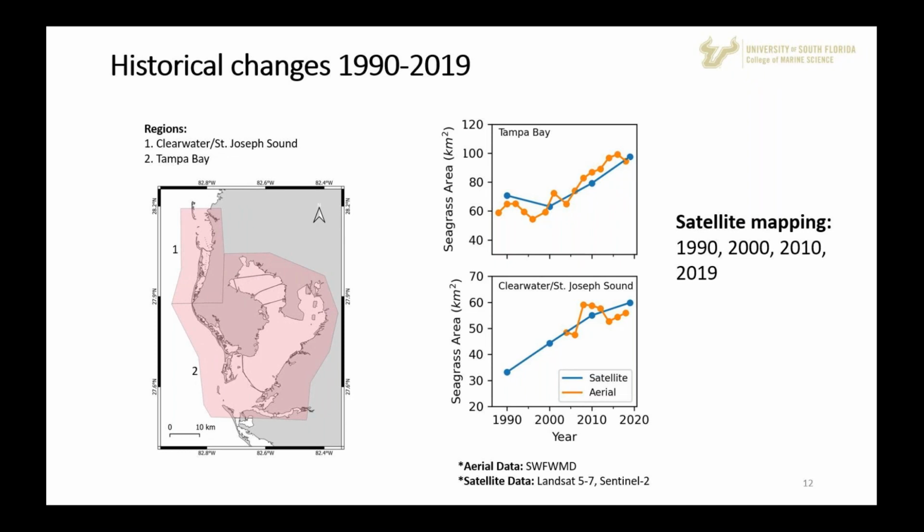We can see in the plot that there has been a continuous increase over the last 30 years. The trends of seagrass area estimated by satellite mapping match very well those from aerial mapping in both regions.